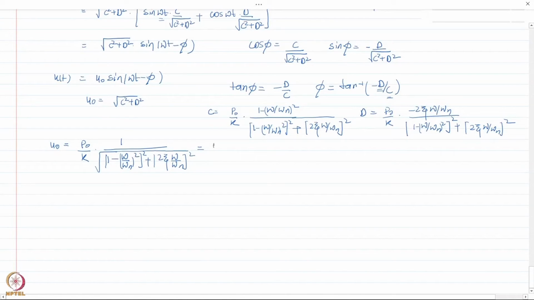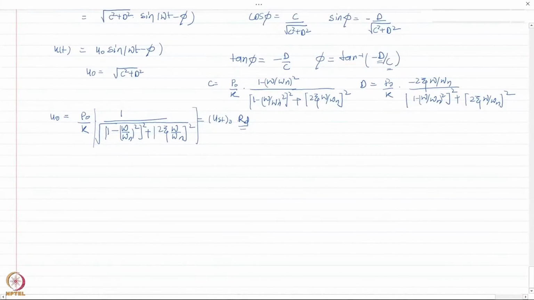Remember, p naught by k is nothing but u static naught, times this whole factor here, which I write as Rd. And if you substitute for tan phi, you get 2 zeta omega by omega n divided by 1 minus omega by omega n square.